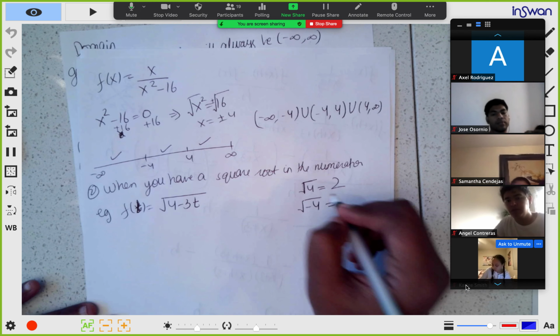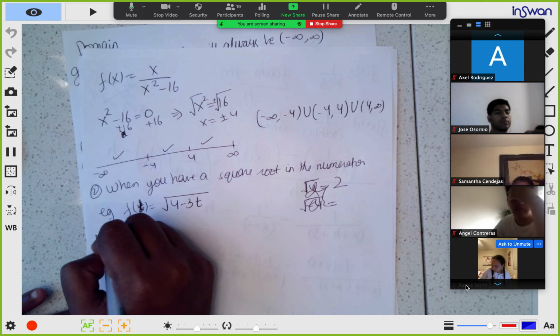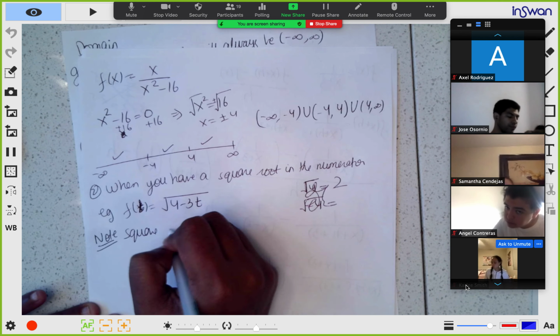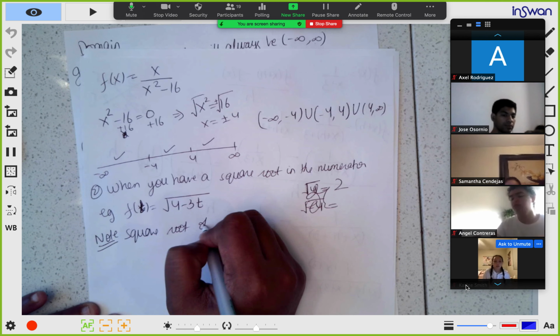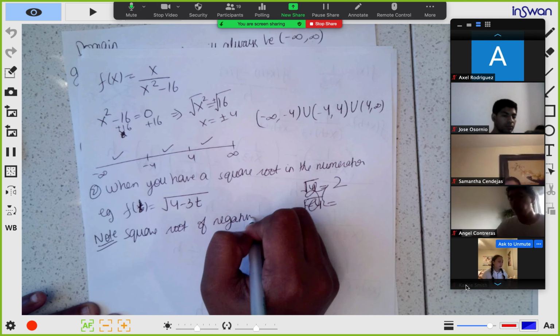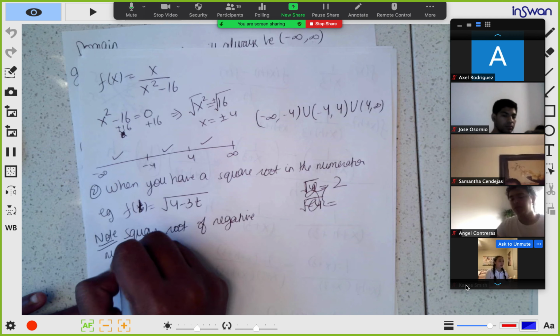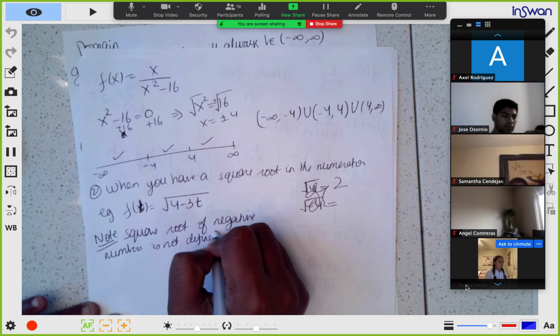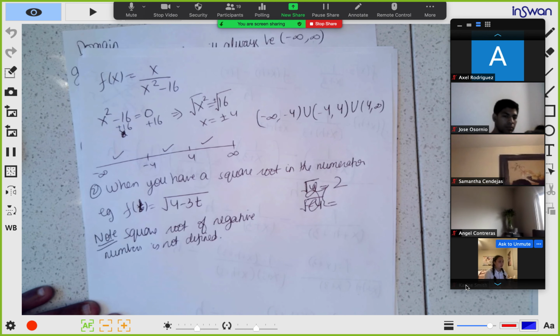You can make a note for yourself here: square root of negative numbers is not defined. Square root of negative 4 is not defined.